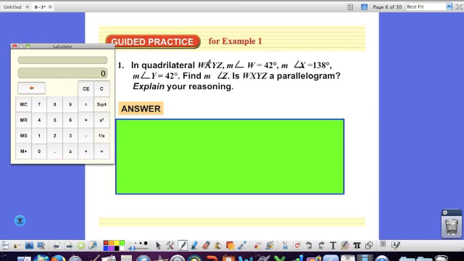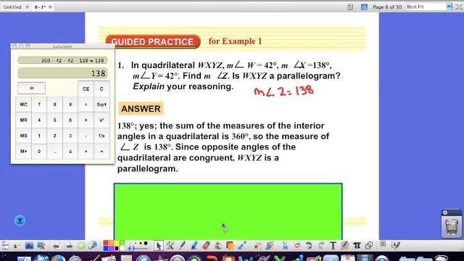If these two are 42, let's see here, 360 minus 42 minus 42 minus 138, and that means the measure of angle Z is 138. So it is a parallelogram because in a quadrilateral, if both pairs of opposite angles are congruent, then it is a parallelogram. That was one of the theorems we just learned.